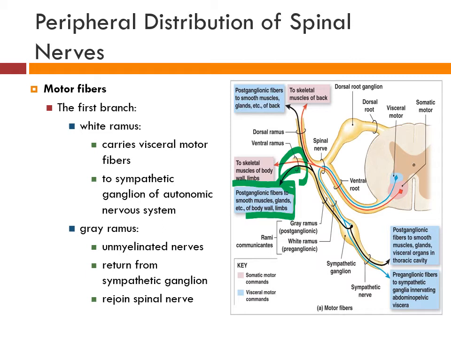And then the somatic motor nerves shown in red, which are going to innervate the skeletal muscles of the body wall and the limbs. So you can see that this is where the nervous system starts to get complex, where you have multiple different types of information leaving the spinal cord along the ventral root and then splitting and coming back together to form the dorsal ramus and the ventral ramus.